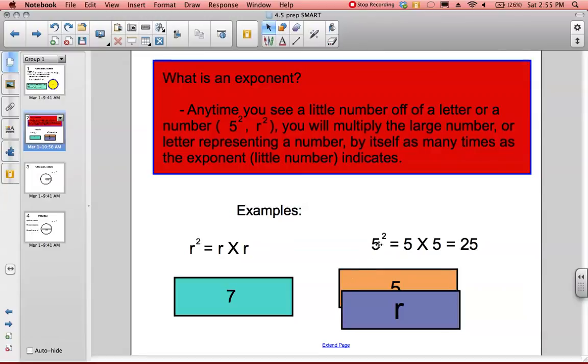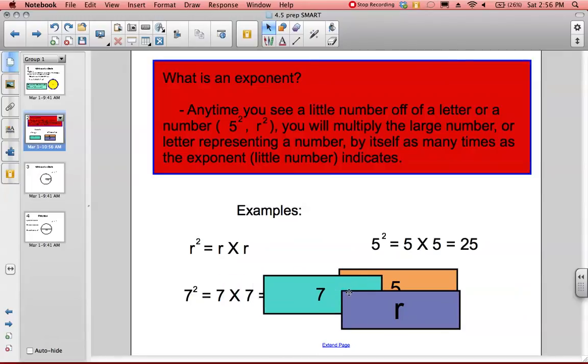Therefore, 5 squared equals 25. Another example is 7. If I were to square 7, it's the same thing as 7 times 7, and 7 times 7 is 49. Therefore, 7 squared equals 49.